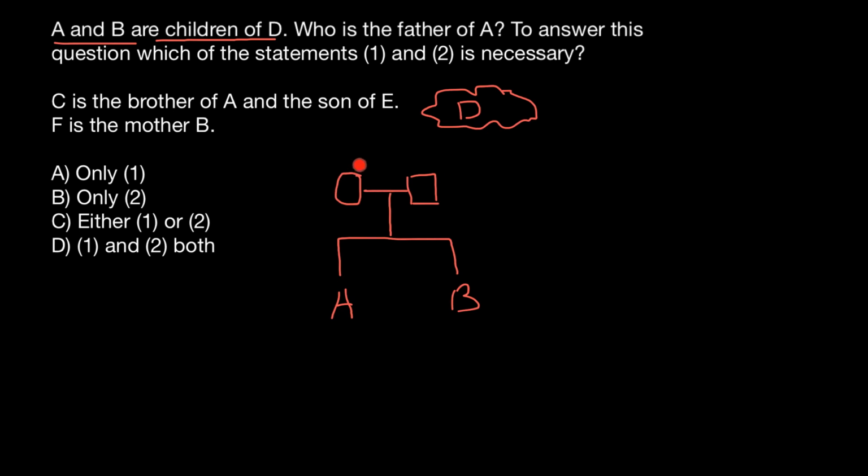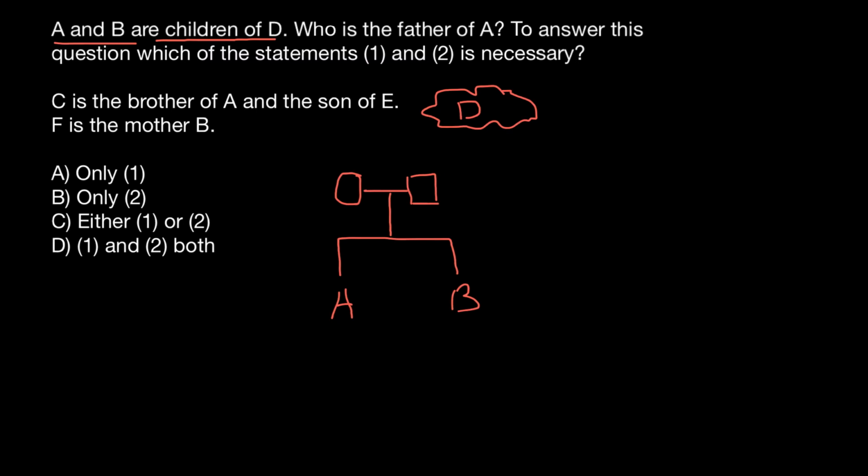We know that this has to be one of the parents, but not specified. So now, what statement do we need in order to answer the question: who is the father of A? So we have to put a letter here.